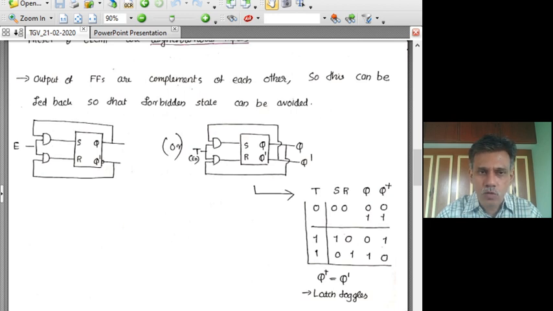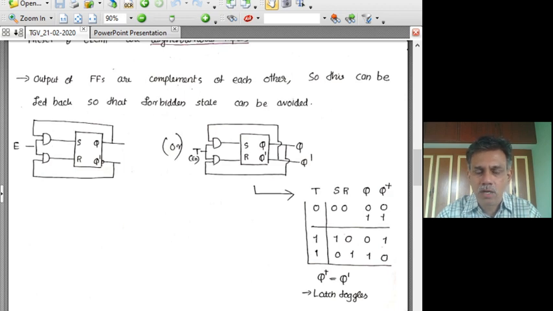When T equals 0, both these AND gates disable the feedback input from going to the S and R inputs of the SR latch. So we will have a condition of S equal to 0 as well as R equal to 0, which is a no change input condition, as a result of which Q and Q bar will not change. Essentially, we are retaining the state of the SR latch.